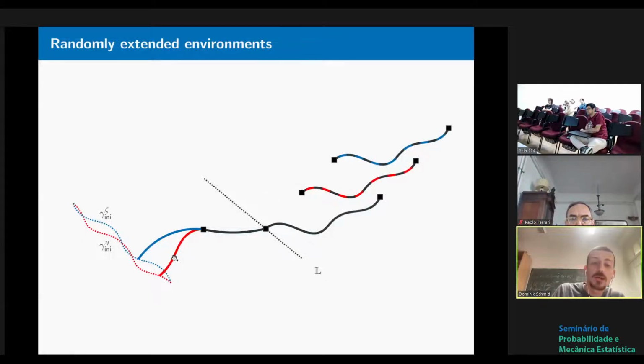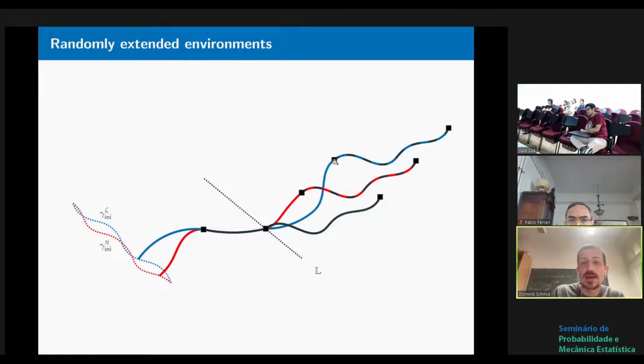So we want to insert a random number of extra rows into the environment, such that this part here, the geodesic gets shifted up. And we do this shift for both environments in a different way. So we insert a random number of rows for both of them, and this random quantity is in general different for the two of them.